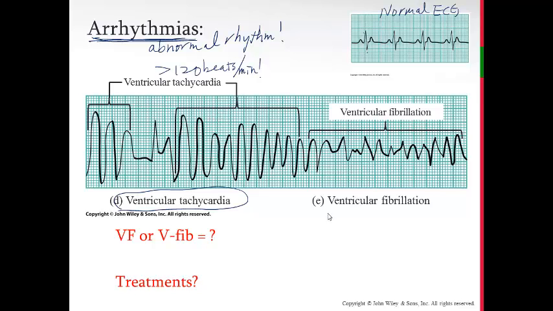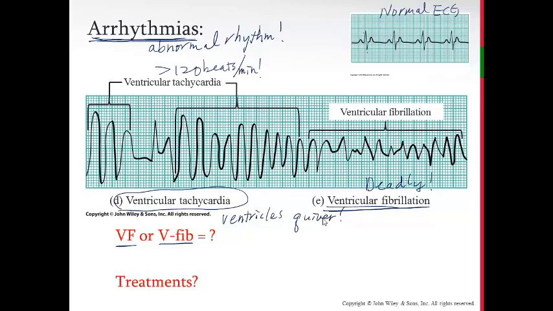On the other hand, a different type of arrhythmia is ventricular fibrillation. This is very deadly, and worse than the tachycardia. When your heart is undergoing fibrillation, VF or VFib, your ventricles are quivering.